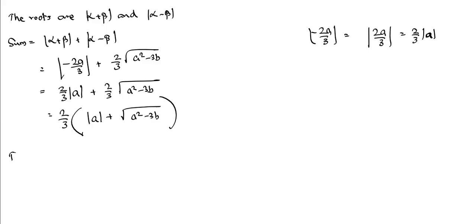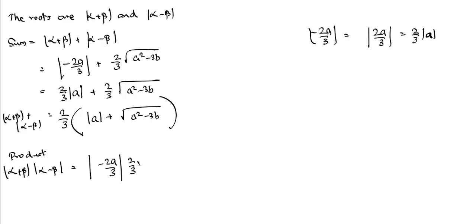Then we need to consider the product. This is modulus of alpha plus beta times modulus of alpha minus beta. So modulus of minus 2a over 3 times 2 over 3 root a squared minus 3b. Similarly, you can take 2 over 3 out: modulus of a times 2 over 3 root a squared minus 3b.